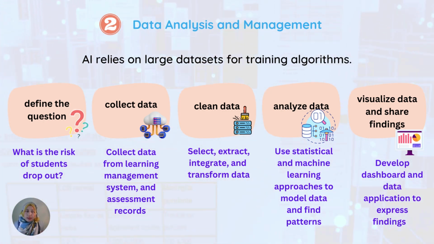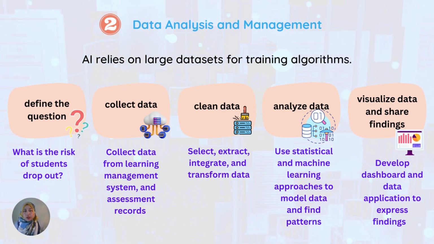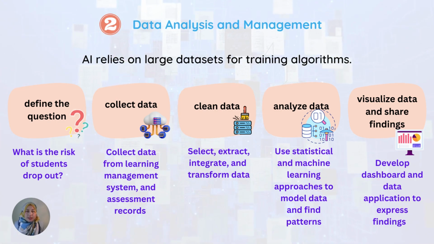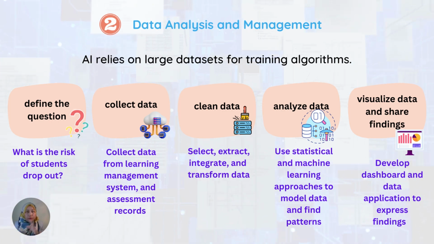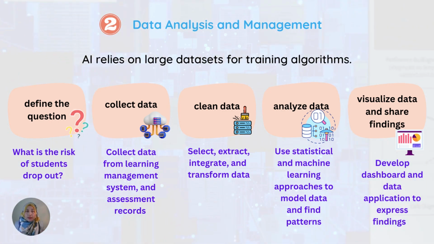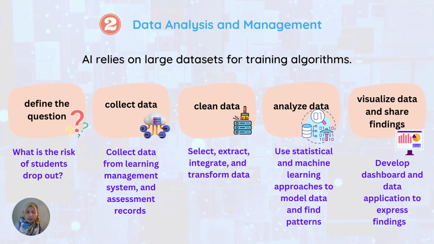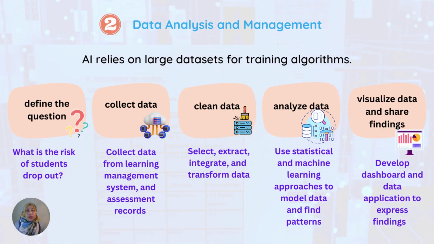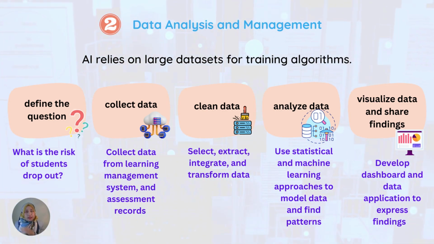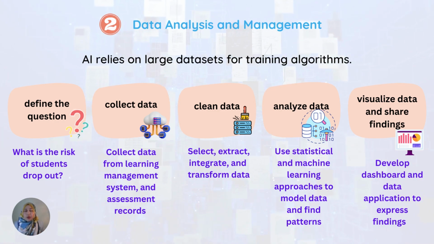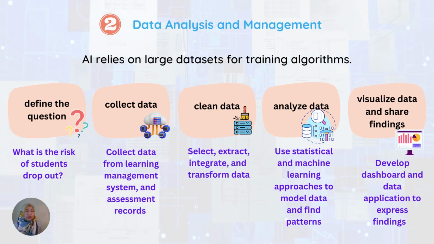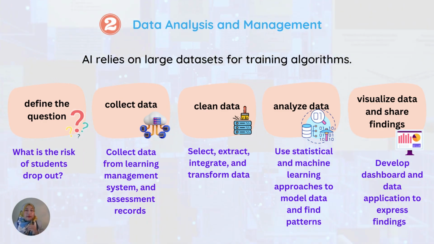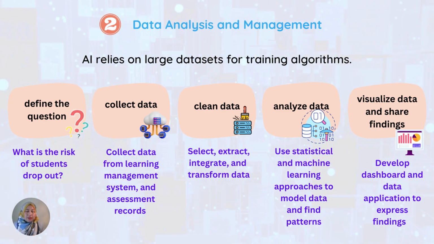After we gather this data, we clean the data using several operations such as selecting the data, extracting data that are useful to our question just now, integrating this data from different sources, and also making sure that we transform it so that it is normalized. After that, we can use an AI algorithm such as the machine learning approaches to model and find relationships within the data.